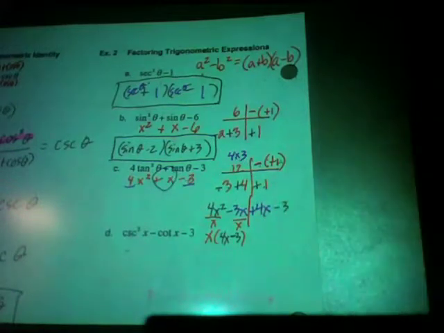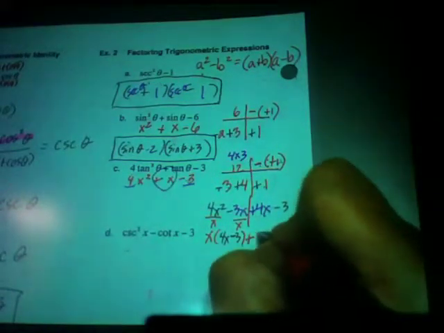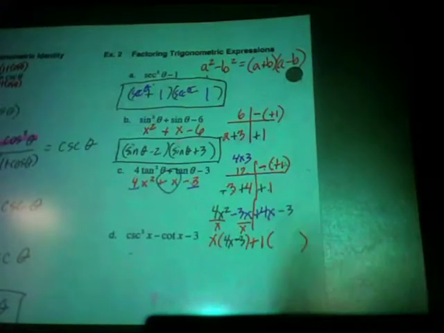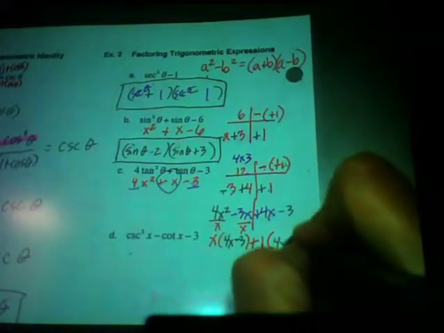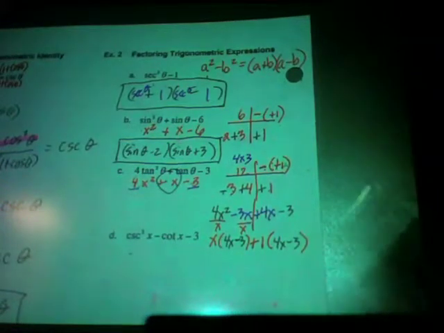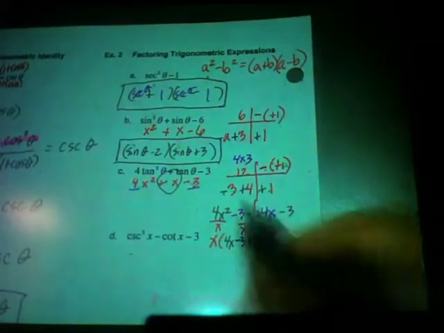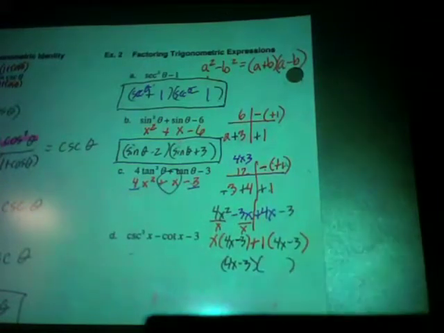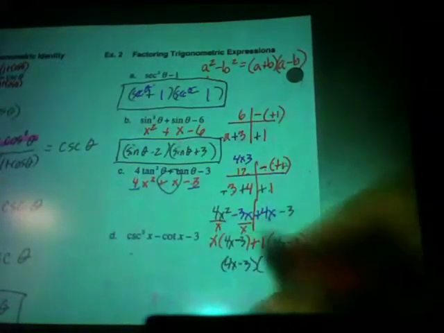Just a 1, right? They don't have anything in common. So our greatest common factor would be a positive 1, which means we're not really doing anything. Don't we have a 4x minus 3 left over? All right, so then, don't they have a 4x minus 3 in common? So we pull that out in front. And then what's left? x plus 1.